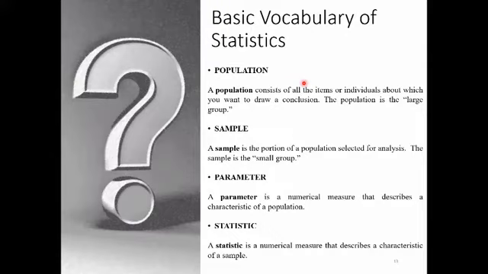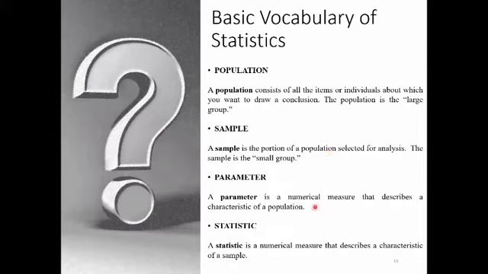So your population would be Sri Lanka. But a sample is a portion of the population. You can't practically look at the female representation in all corporates within Sri Lanka, so you take some of the big corporates and analyze that data. You take only a portion. That is why you call it a sample.